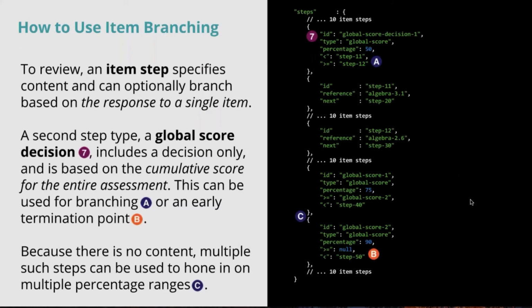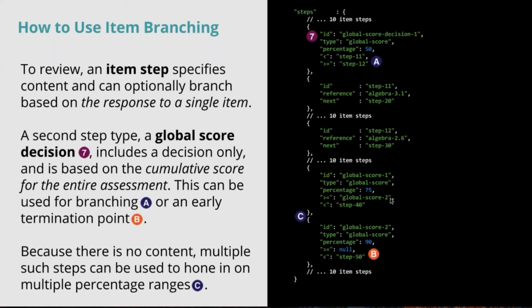Here's another example of a step that allows you to make a decision based not on the correct or incorrect answer, but on the cumulative score of the assessment. If you look at the code, we have a series of steps, 10 steps at a time, and along the way, each of these steps is the definition of decision-making step 1, step 2, step 3.